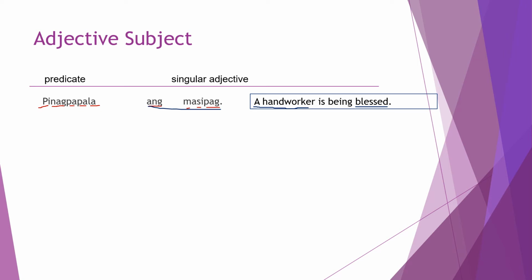By the way, the adjective subject could be a singular or plural adjective. In this one, we have here a singular. What makes this word singular? Just remember the word ang. Ang signifies one or single.